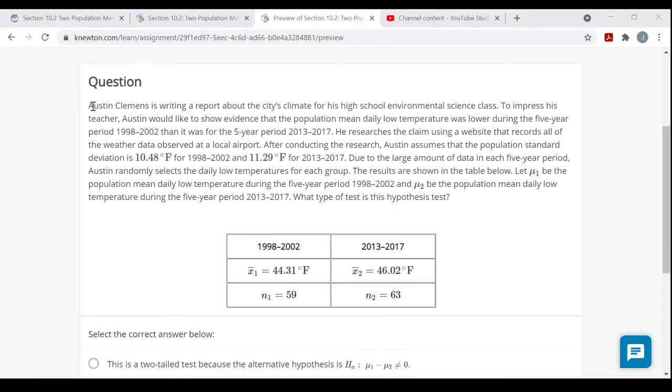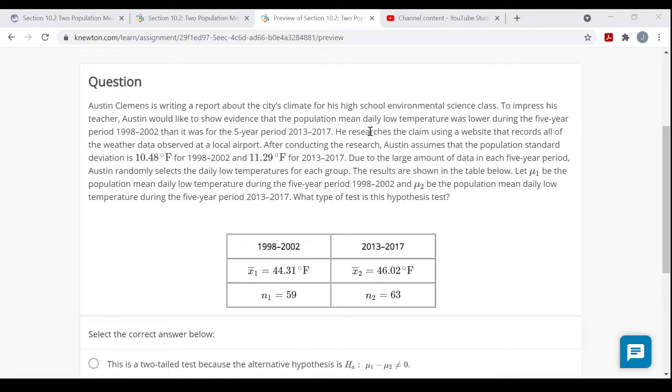All right, so here Austin Clemens is writing a report about the city's climate for his high school environmental science class. To impress his teacher, Austin would like to show evidence that the population mean daily low temperature was lower during the 5-year period from 1998 to 2002 than it was for the 5-year period from 2013 to 2017.